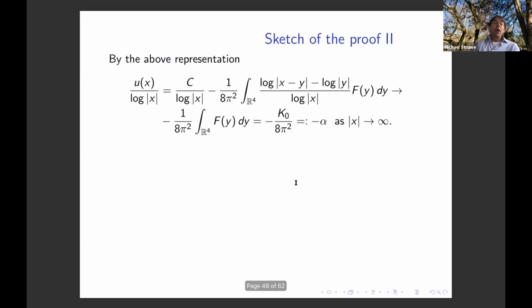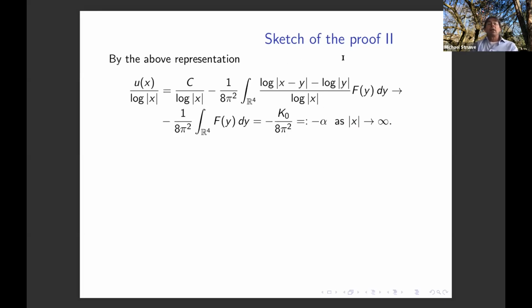And that now has the nice consequence that we can estimate the asymptotic behavior of e to the u. First, we form the quotient u of x by log of norm of x. And then we have this expression from the previous formula. And the constant here, when we divide by log of norm of x, will converge to 0.